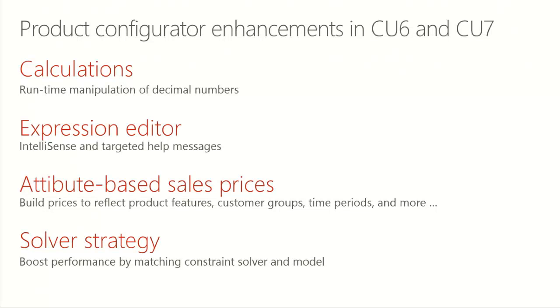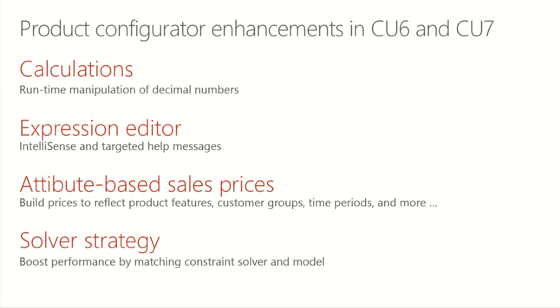In addition to the attribute-based sales prices that I just showed you, I wanted to take the opportunity to also promote a couple of other enhancements that we've done after we shipped R2. So we have introduced the concept of calculations in product configuration models. That will allow you to manipulate decimal numbers at runtime, a limitation we had earlier due to the sort of domains that the constraints could work with.